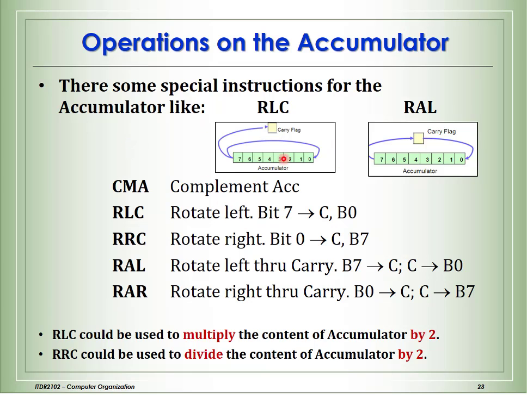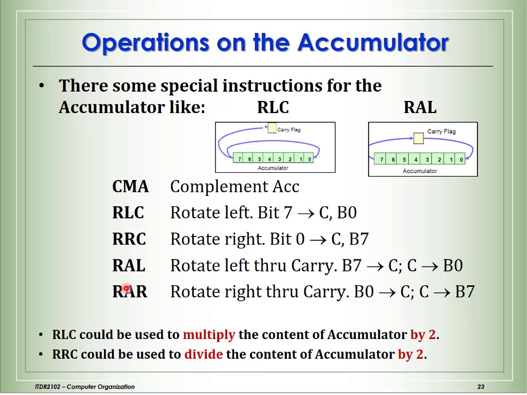Now you can see here the example, which is rotate left. Each bit in the accumulator can be shifted left or right. Okay, so now you can see here that bit D7 is moving to the left to the position of D0, and also to the carry flag in RLC, because it is rotate left and carry.